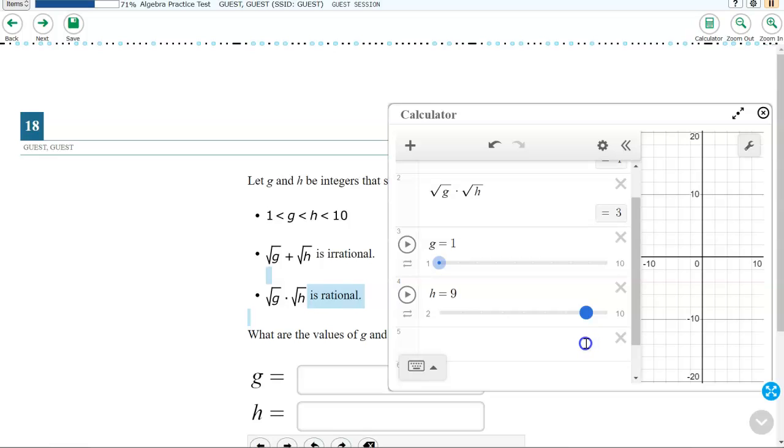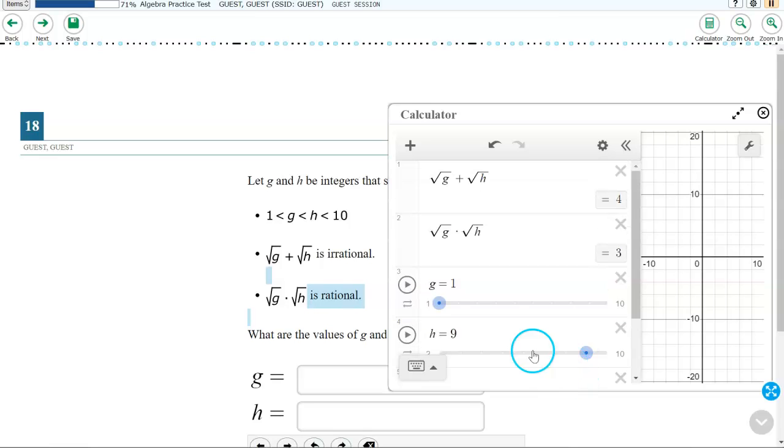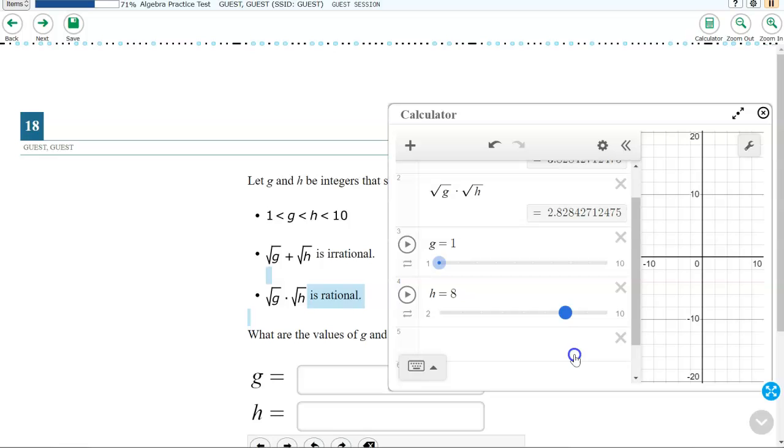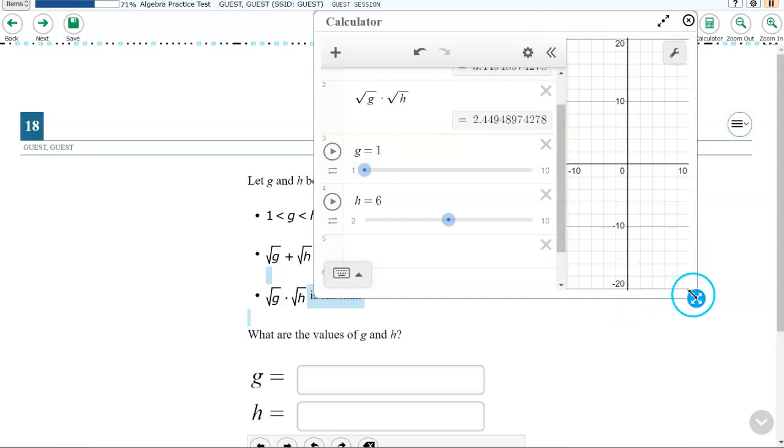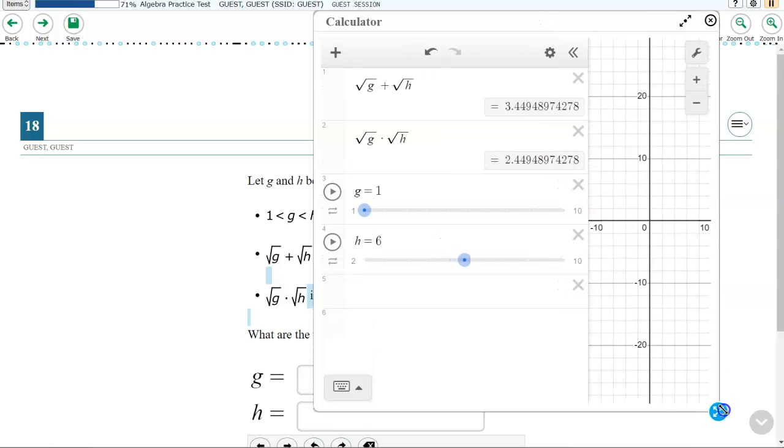Is there a way to let it be a 1? No, if I do 1 and 9, they're both pretty. Let's do 8, 7, 6. Let me move this up so you can see what's going on. I don't think that's going to work. Let's do G is 2 and let's try some things. I think this one's going to work.